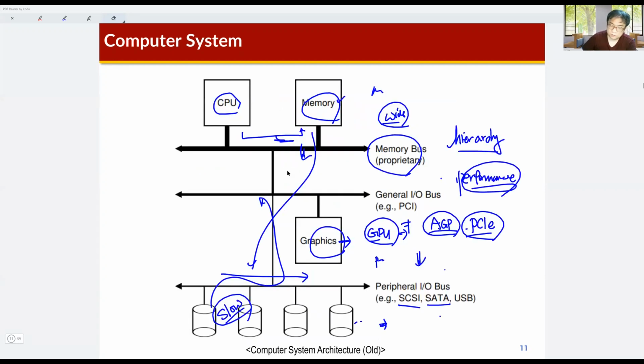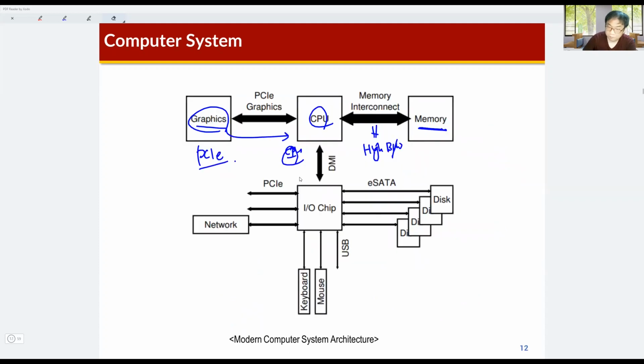In the old architecture, the CPU is connected to the GPU via a general I/O bus like PCI or AGP. But in the modern architecture, the GPU is directly connected to the CPU via the PCIe interface. It is because the GPU also requires very high bandwidth.